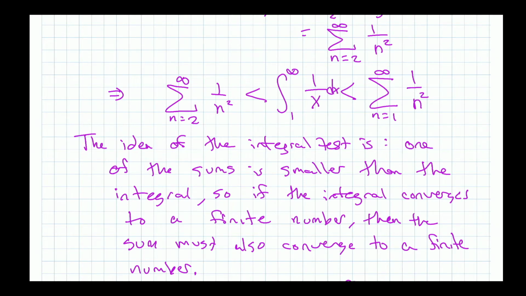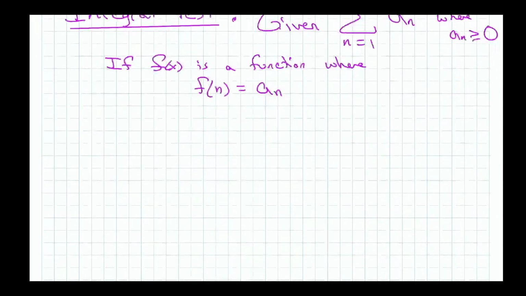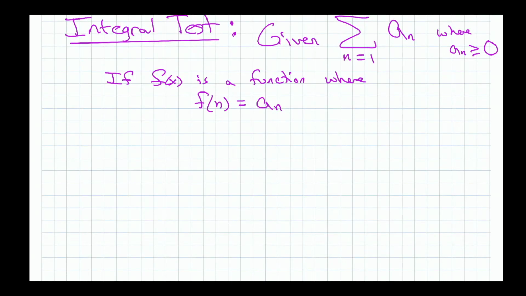The idea is that 1 over x squared is the integral if the sum is 1 over n squared, right? So 1 over x squared, 1 over n squared, same formula. So when you say f of n equals an, that just means same formula, really. But that's not enough. You need f of n to be an for all n.